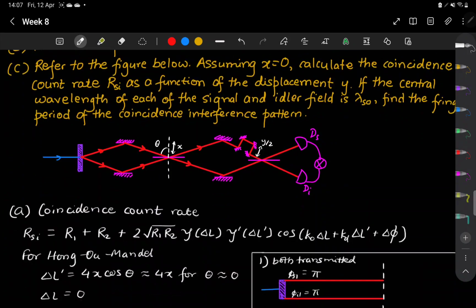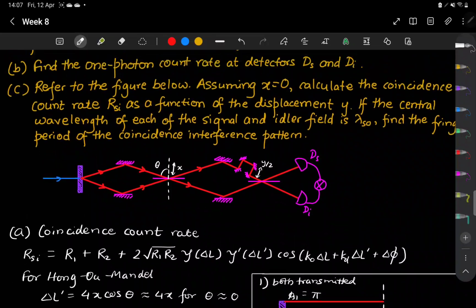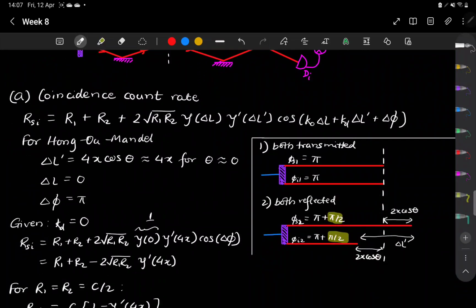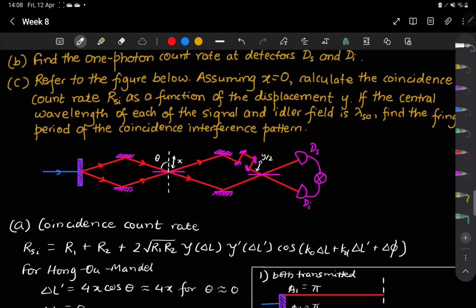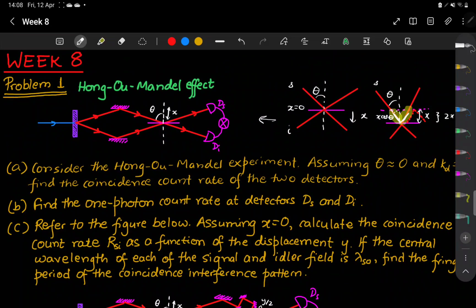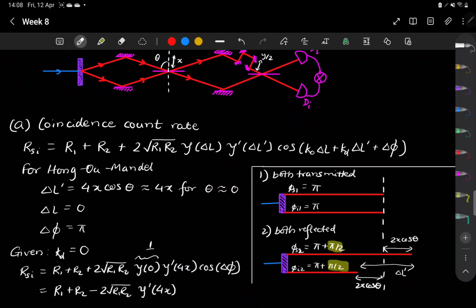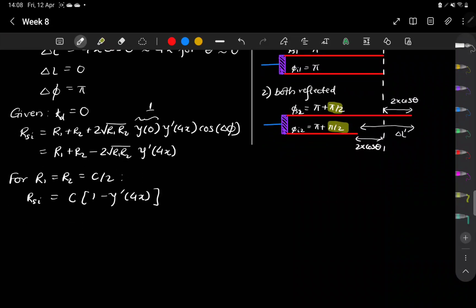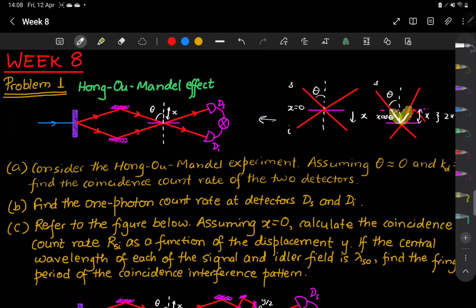Okay, someone is asking me a question about how we got this 2x cos theta. So let me just go back here. Someone is saying that it should be different, and I understand where that query is coming from.